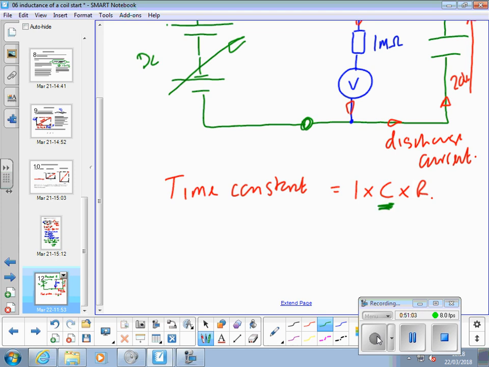You know that R value, 1 mega ohm, because that's the resistance of the meter.